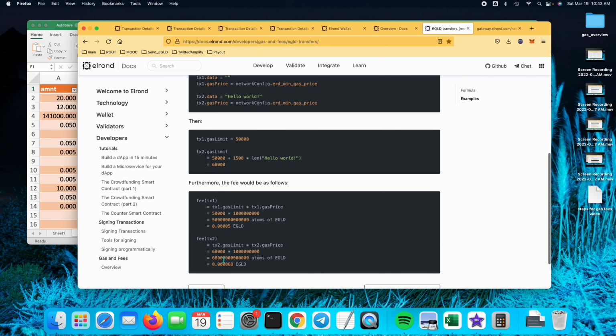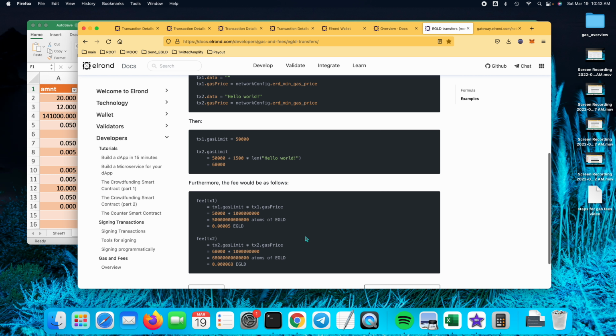Right down here, they give you a little example, so this number of atoms equals this amount of EGLD. This bottom line right here is for being human readable form. You won't put this in anywhere in a smart contract. Any part of the network will never read in decimals. It's always in integers.